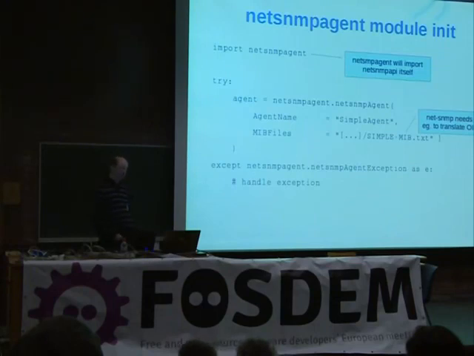And you give it a list of MIB files. In this case, the MIB file we just defined. netsnmp requires that so it can translate internally between symbolic names and the numeric OIDs we've just seen. And so you create an agent object. Of course, you do proper exception handling, unlike here.